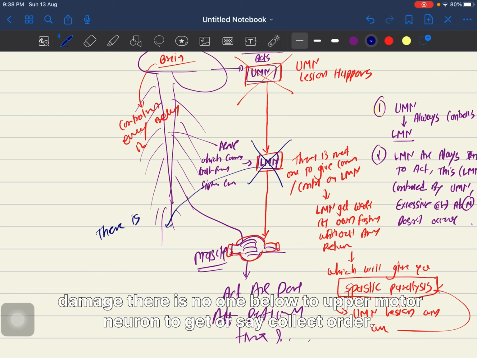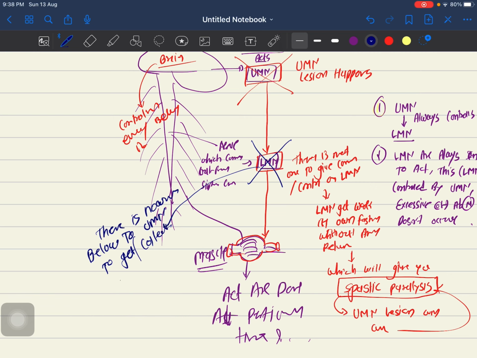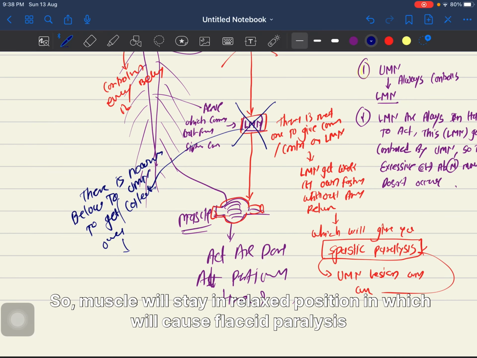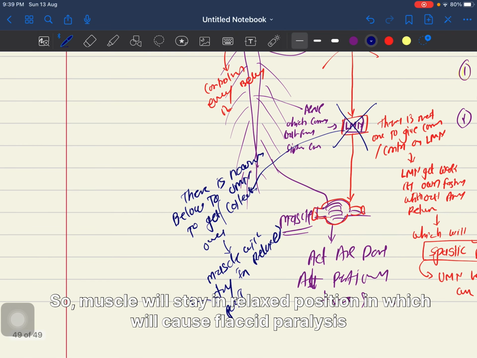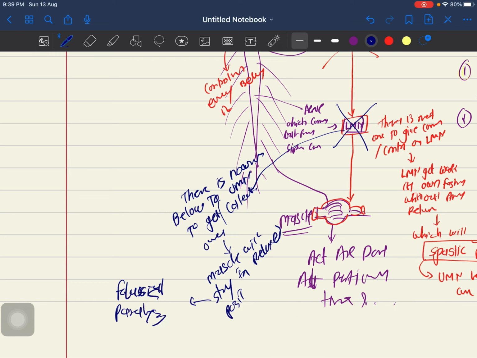And when the lower motor neuron is damaged, there is no one below the upper motor neuron to collect the order, so the muscle will stay in a relaxed position, which will cause flaccid paralysis.